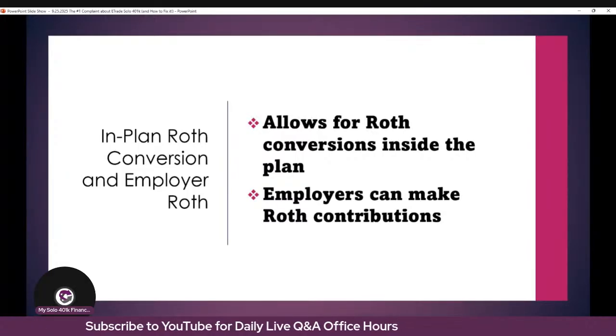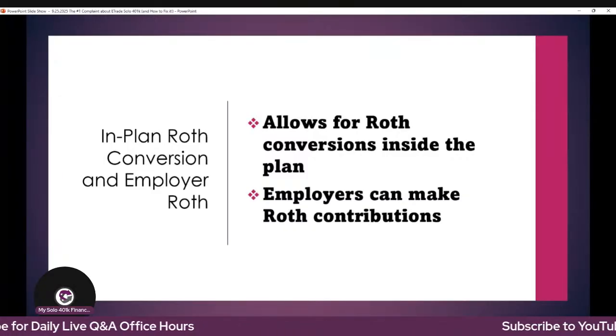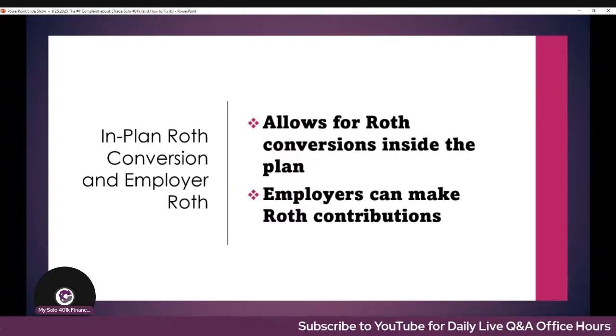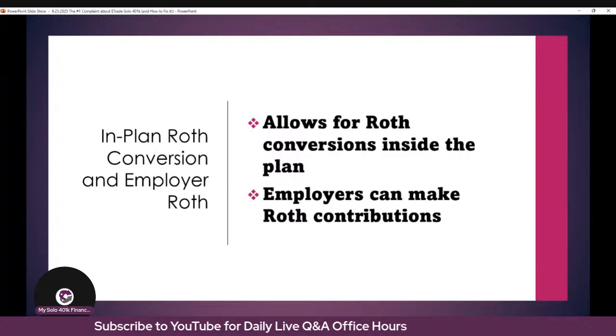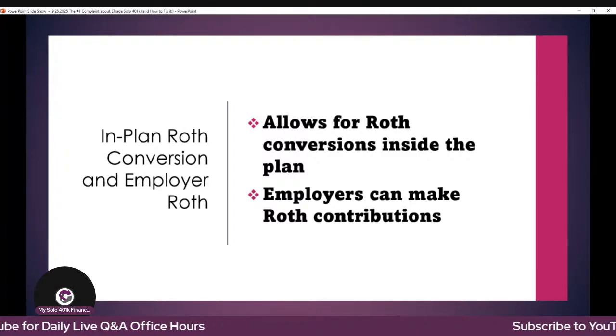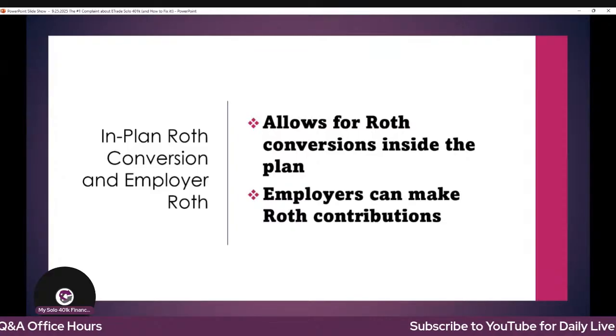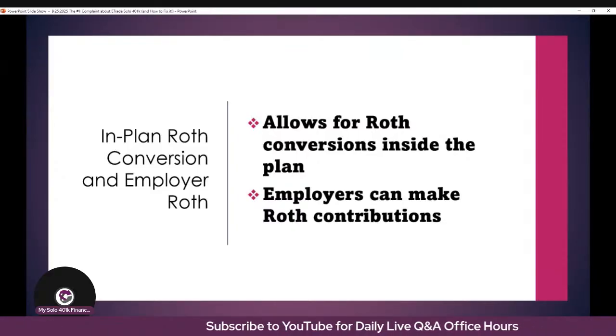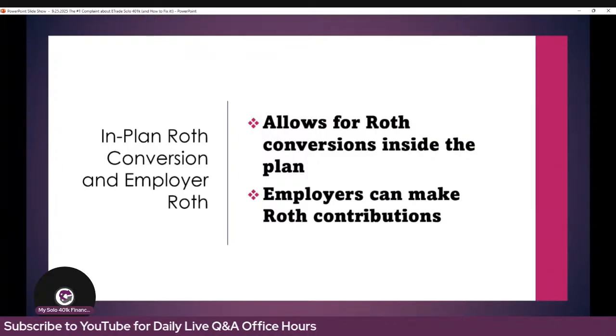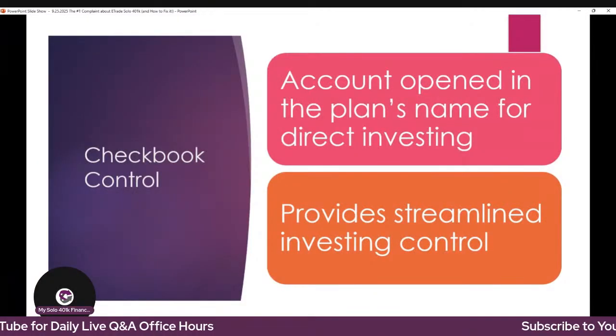But again, even though SECURE Act 2.0 allows plans to offer that as a feature, the plan document needs to support it. E-Trade's plan documents do not support it, whereas our plan documents do support it. Moreover, when one makes an employer contribution as a Roth contribution, it also needs to be reported on a 1099-R, which again, we would handle as an optional free service for our customers. In other words, no additional charge.